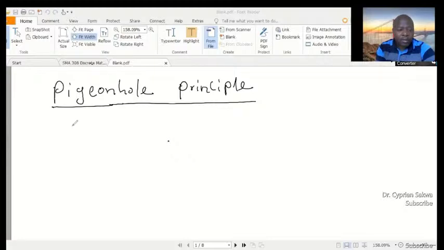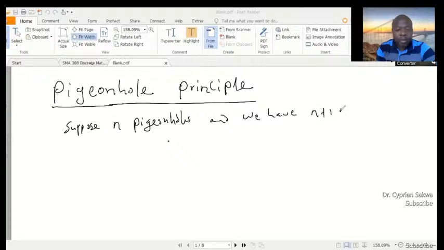Suppose that we have n pigeonholes, and we also have n plus 1 or more pigeons.